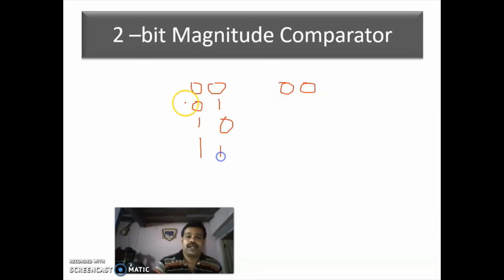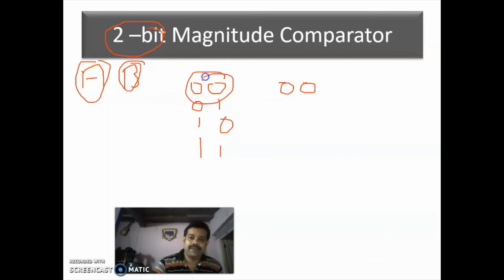So this is nothing but a 2-bit comparator. Here you are taking two numbers A and B. A is a 2-bit number and B is a 2-bit number, and you are going to compare the 2-bit number A with another 2-bit number B, and give the result, either it is equal or greater or less.